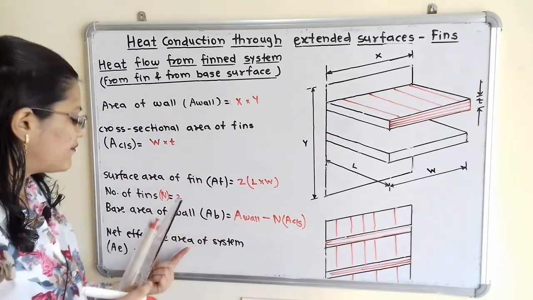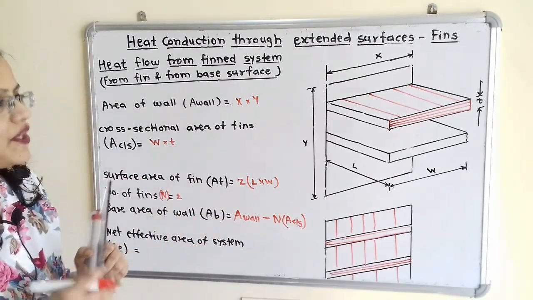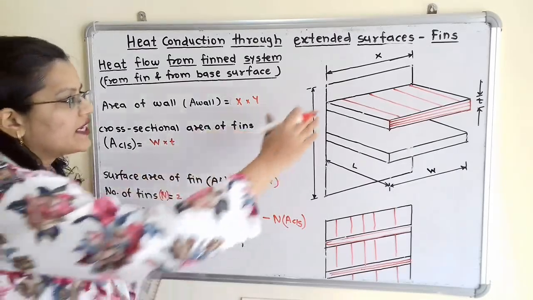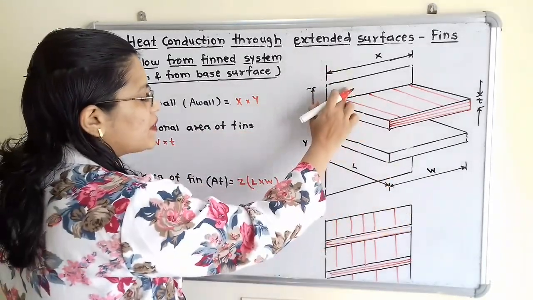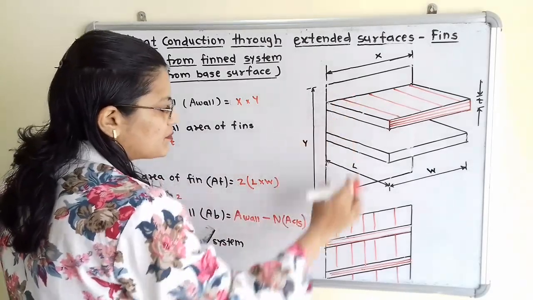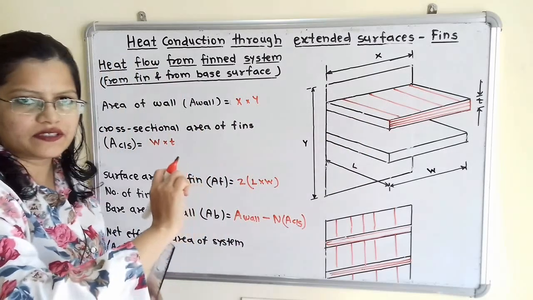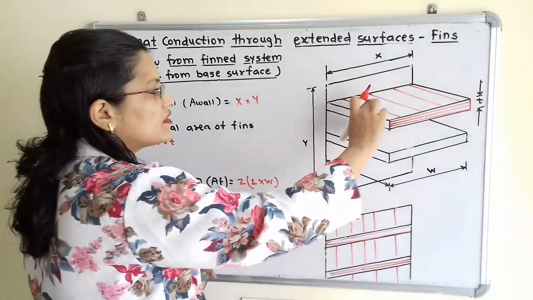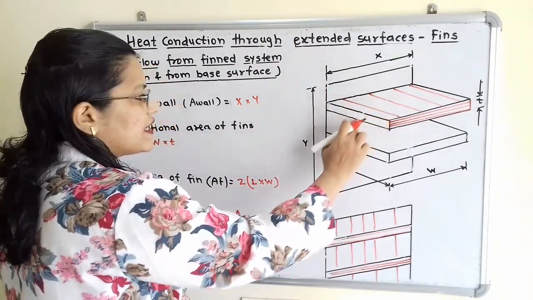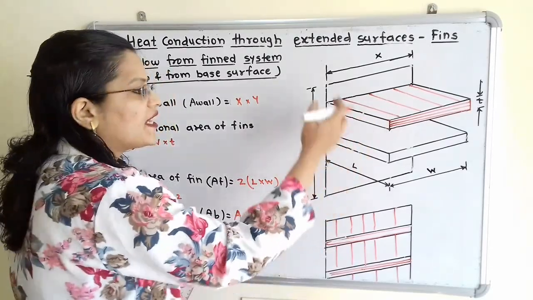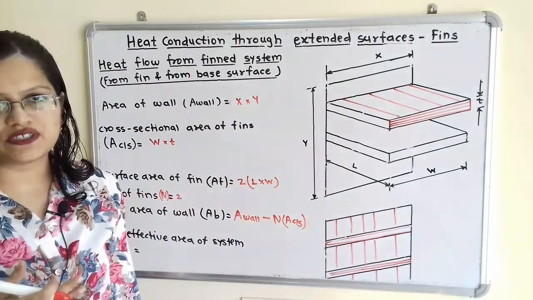Then what will be the effective area of the system? If we observe from which area the heat will be getting transferred, heat will be getting transferred from this bare area as well as from this fin surface. So we have to consider the fin surface, that is AF, the number of fins, as well as the fin efficiency.